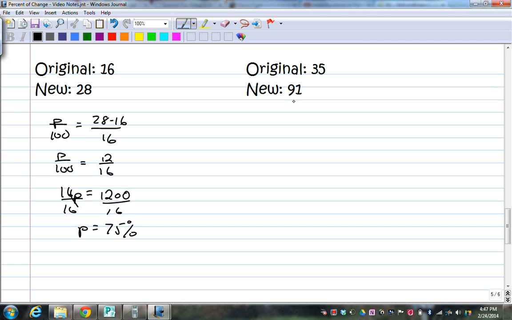On to the next one. Now, original from 35 to 91. I don't know if you saw this, but that would be over 100%, because a 100% increase would bring you up to 70. So if you got over 100, don't worry, you didn't do anything wrong. That's correct. P over 100 is equal to 91 minus 35 over the original, which is 35. P over 100 is equal to 56 over 35.